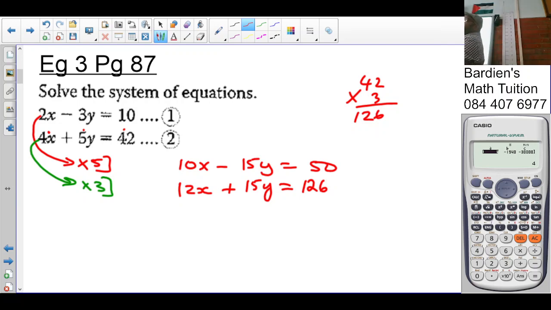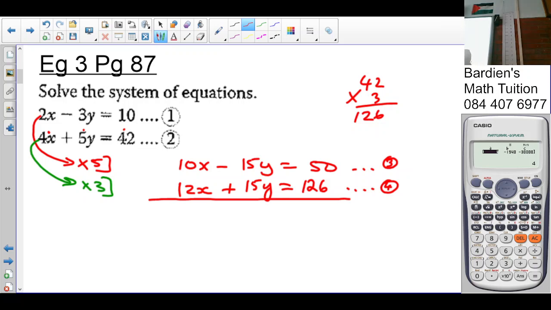Now, in the previous attempt, I eliminated the x by subtracting. But if I'm going to subtract here, remember this is now equation 3 and this would now be equation 4. If I'm going to subtract equation 3 from equation 4, then what's going to happen?